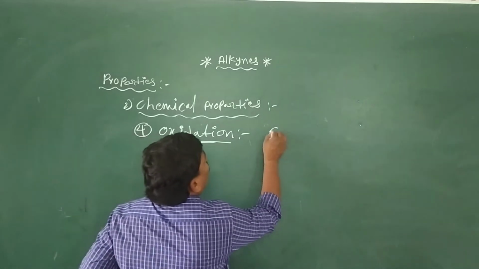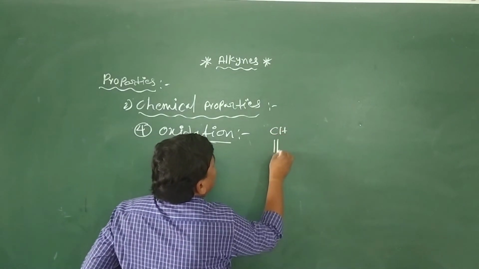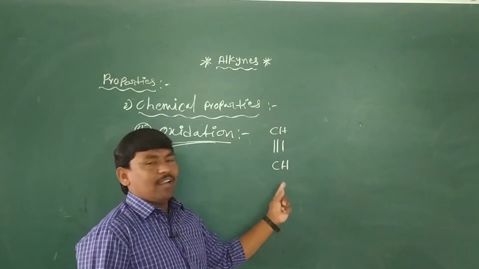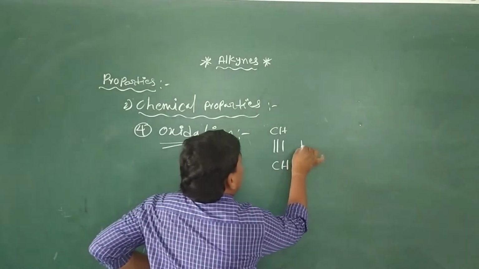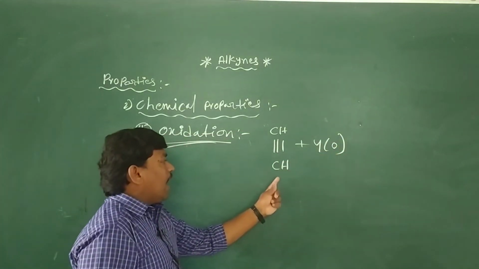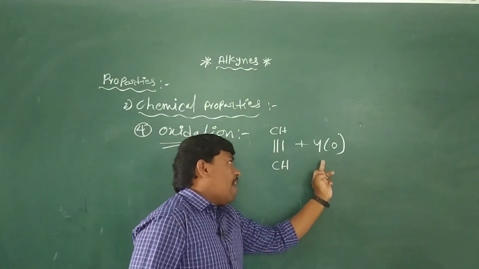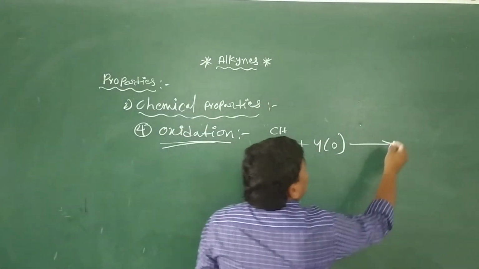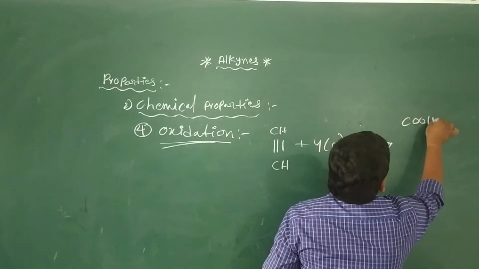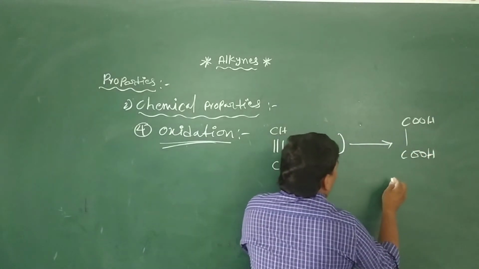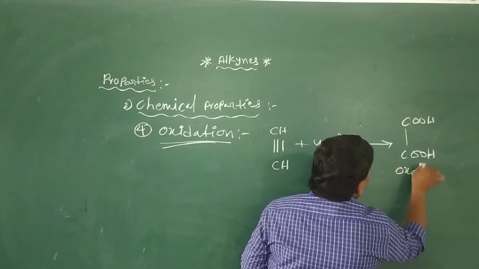For example, CH triple bond CH, the compound is the alkyne, with 4 moles of oxygen added, gives COOH-COOH. The compound name is oxalic acid.